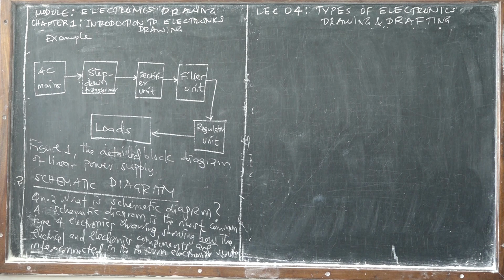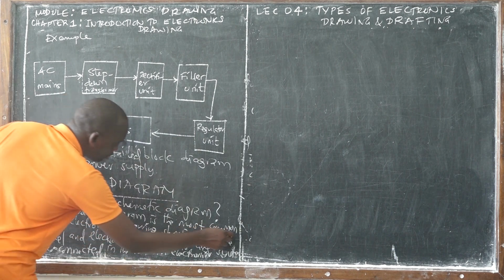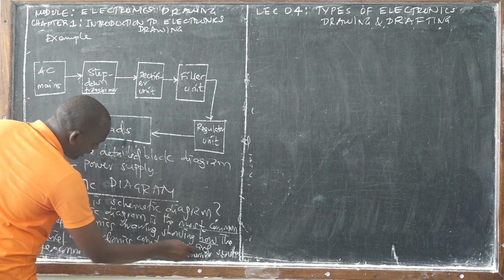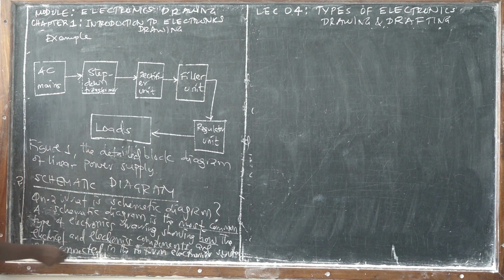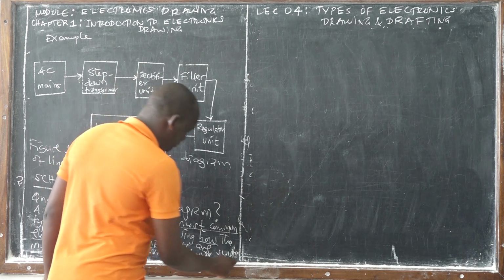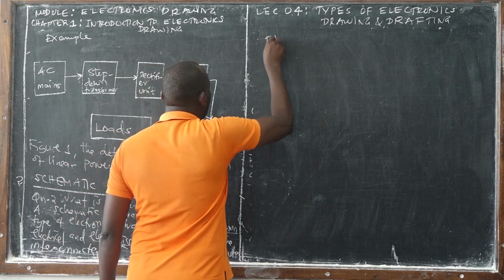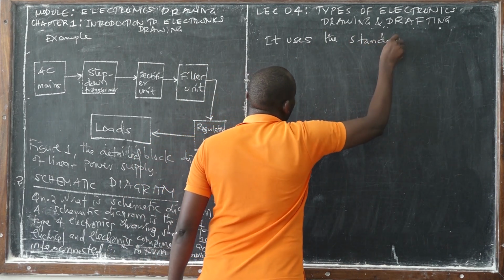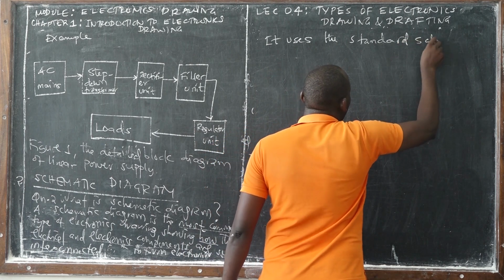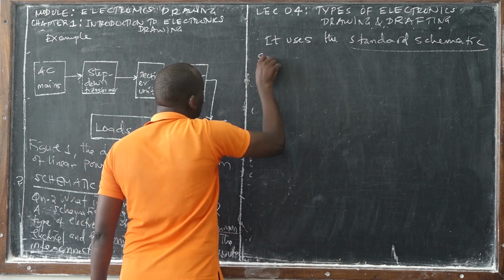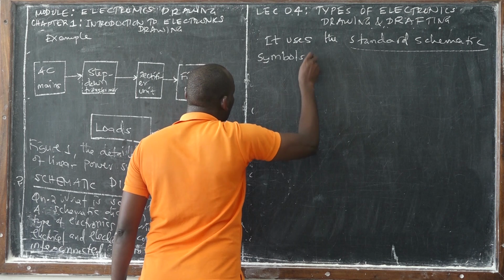So a schematic diagram is the most common type of electronics drawing showing how the electrical and electronics components are interconnected together to form the electronic system. It uses standard schematic symbols.